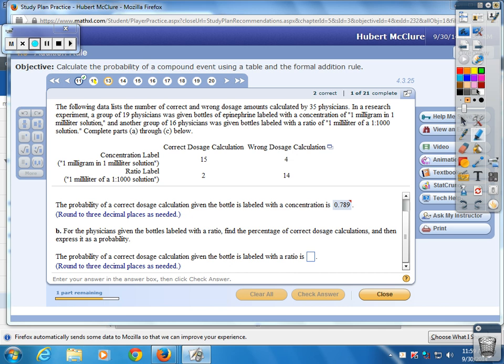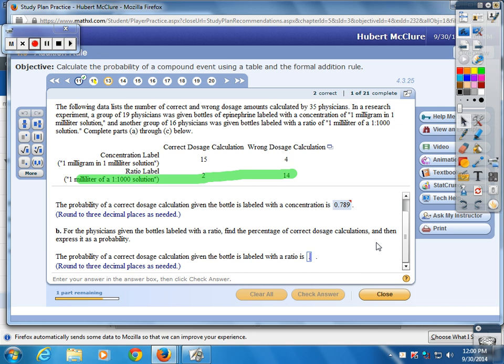So take your handy dandy highlighter and highlight this guy, or use the complement. You said that this one was 19 over 35. Well, what's the complement of 19 to 35? 16. So this one would be 16 over 35, and that would be 0.210 or 0.211. The complement is 0.211.